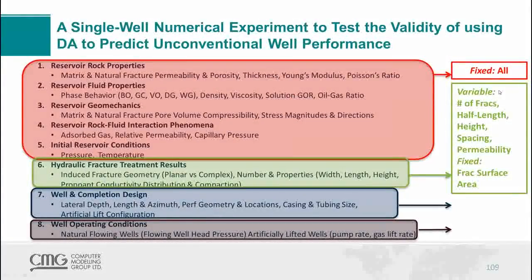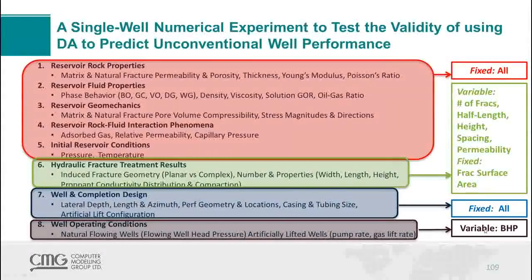I then created a series of cases where the number of fracs, the frac half length, the frac height, spacing, and perm are all variable, but done in such a way that the total fracture surface area is constant for all the cases, which to me would equate to assuming the same amount of fluid pumped and the same amount of proppant pumped. And then the well completion data is all going to be fixed, and I am going to allow the well operating conditions to vary, because obviously that can happen.